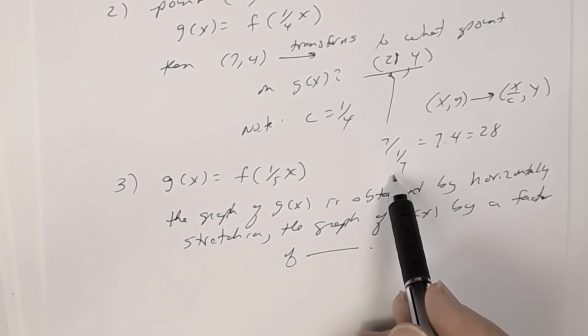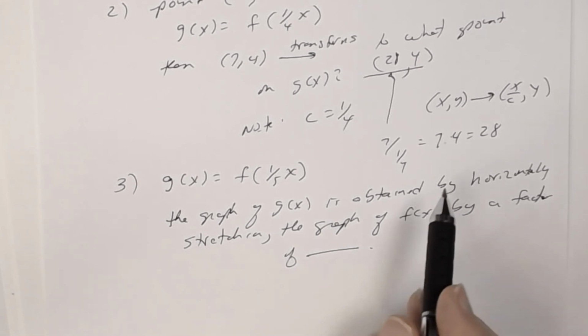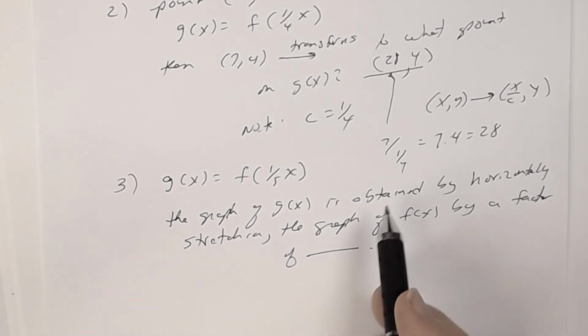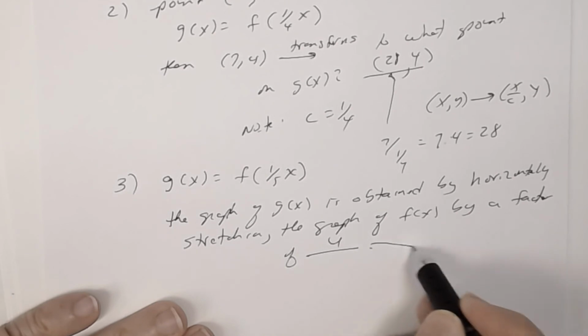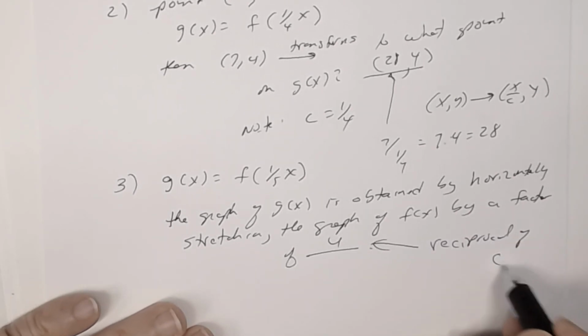The reciprocal of a fourth is 4. So your factor is that reciprocal. So don't say by a factor of 1/4. You say by a factor of 4. So remember, it's always going to be the reciprocal of c.